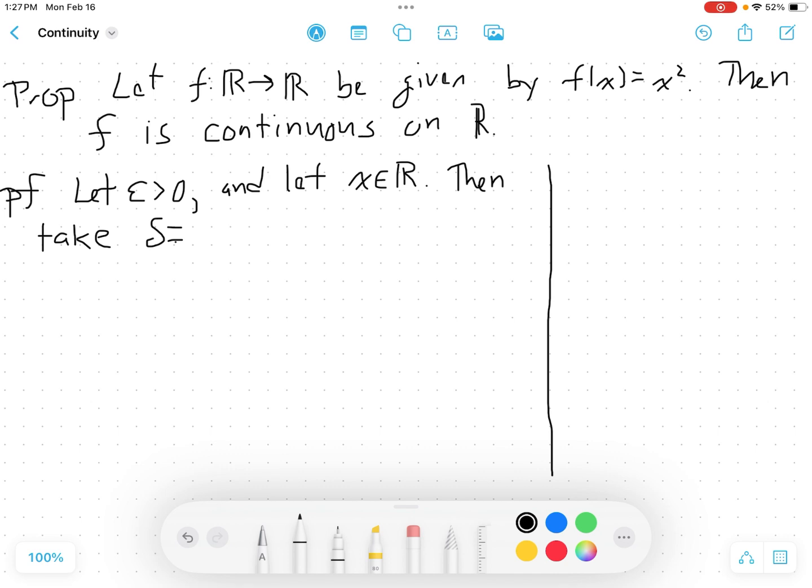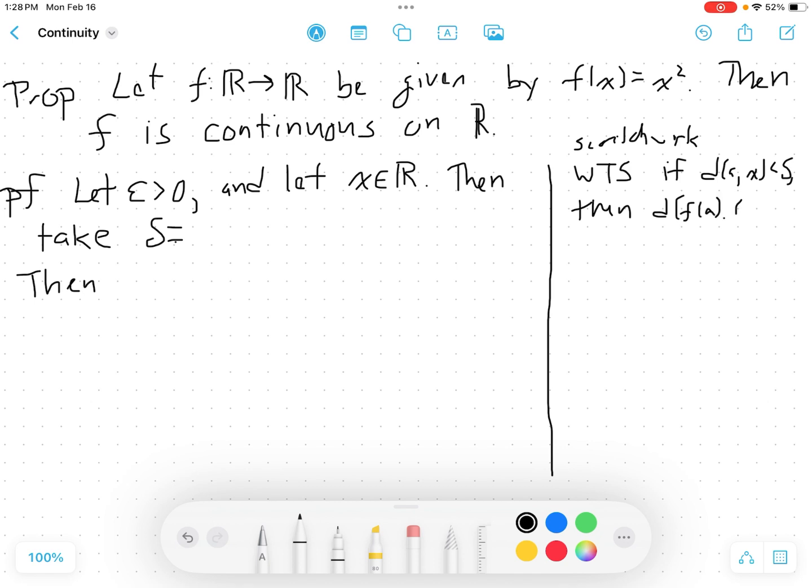So, what we were trying to show, this is my scratchwork column over here. Given our delta, we want to show that if we've got some a that's within delta of x, then f of a and f of x are less than epsilon apart.